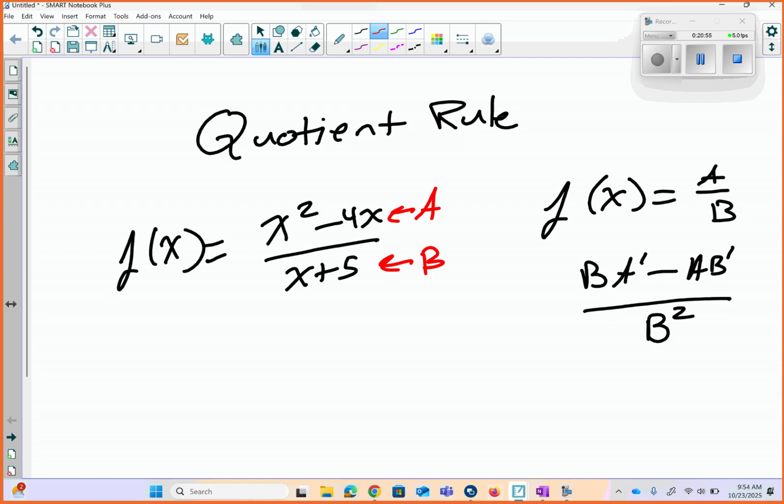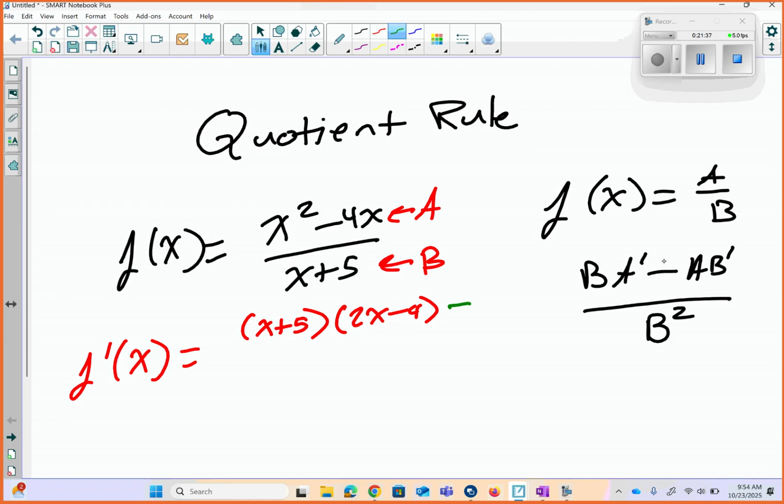Okay, so if I want to find my derivative, I'm going to take B, which is the bottom, x plus 5, times the derivative of A. The derivative of A is going to give me 2x minus 4. Then there's a subtraction sign.